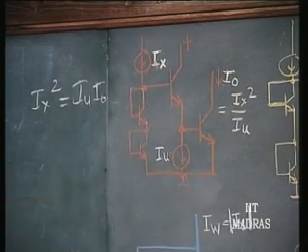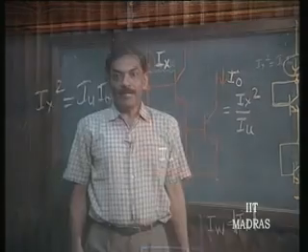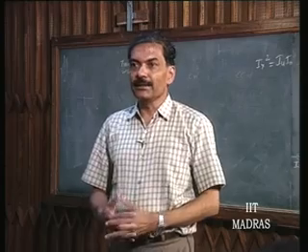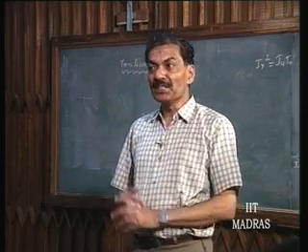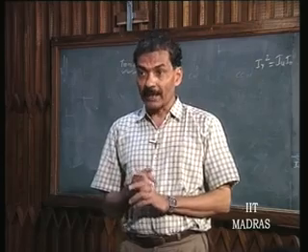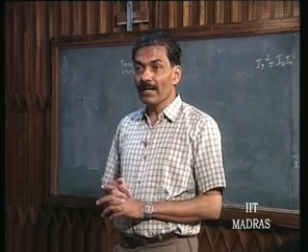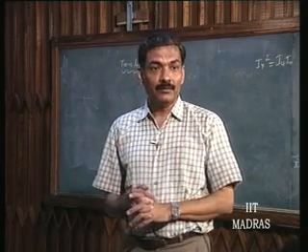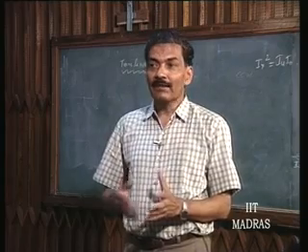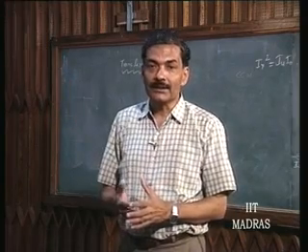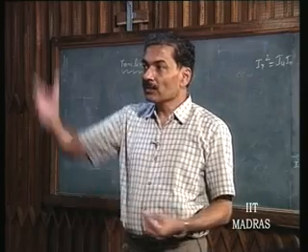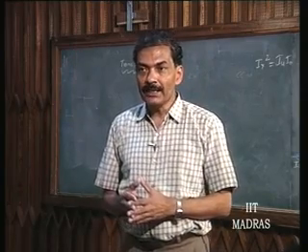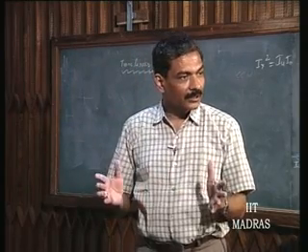Look at the dynamic range of this, it is fantastic, that is the whole thing. This translinear relationship is the only known relationship in electronics which is valid over what kind of range? Several decades of variation of this current, starting all the way from microamperes, it can go up to tens of milliamperes without any problem.